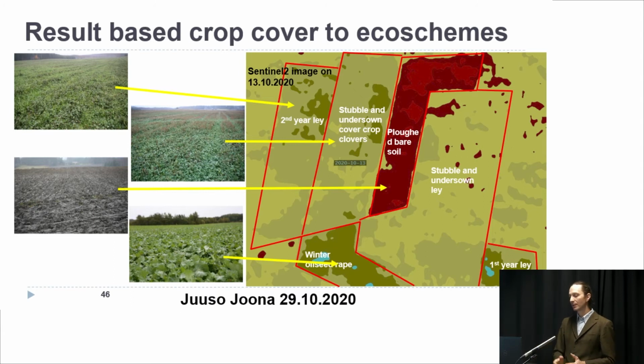In this possible measure, a precise cover index for a certain period could be set, and that could be controlled by Sentinel. And this represents a result-based approach to subsidies that has been the Commission's will and can also be effective and simple for the farmer.